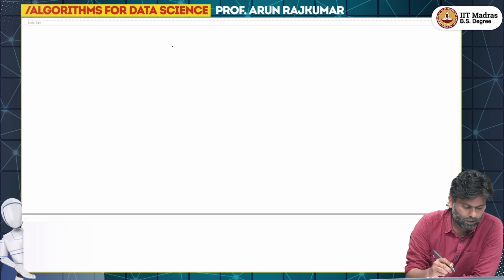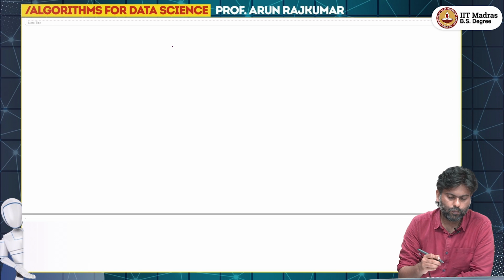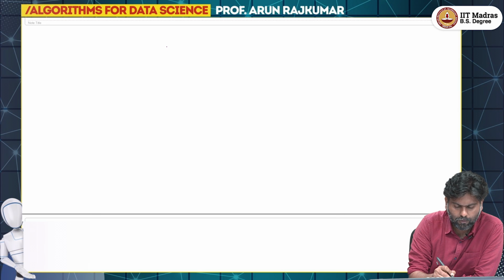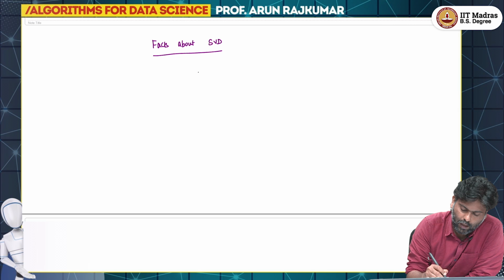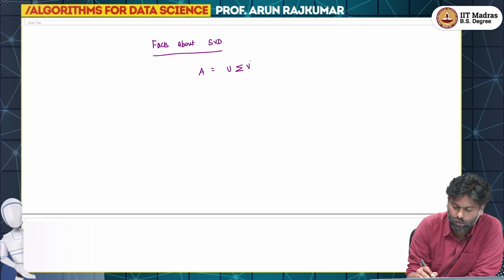Okay, so let's again look at this. Some facts about singular value decomposition. A of course has a singular value decomposition, let us say U sigma V transpose.